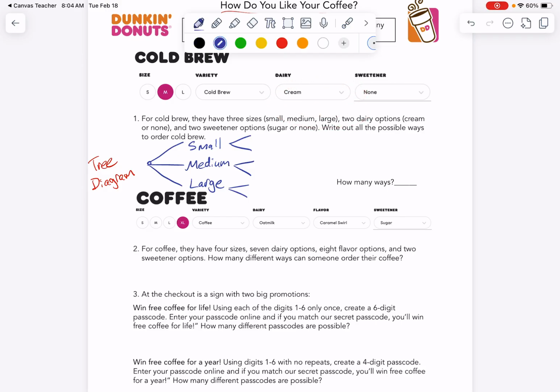So cream or no cream, I'm just going to say C or NC. Now we have our dairy option, and now we're going to pick our two sweetener options. From each of these, we're getting pretty small here, it's going to branch out into two. And so this would be sugar, no sugar, sugar, no sugar, all the way down.